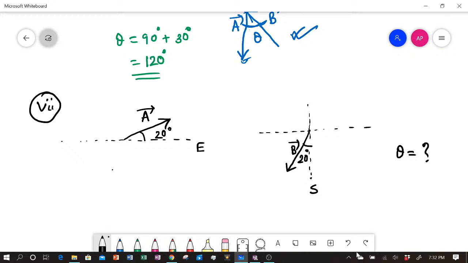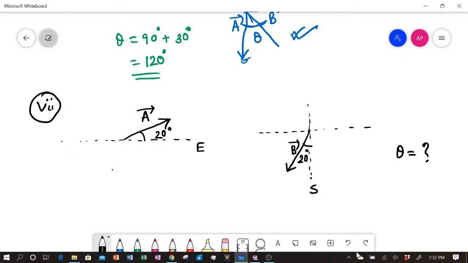Please tell me guys, how much would be theta? If A vector is 20 degree from east and B vector is 20 degree from south as shown in the figures, what would be the angle theta between them?